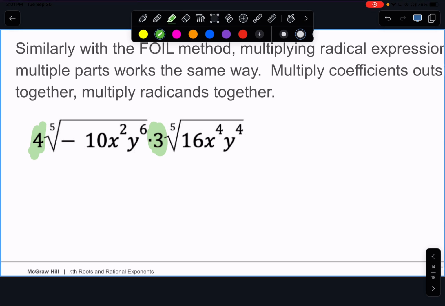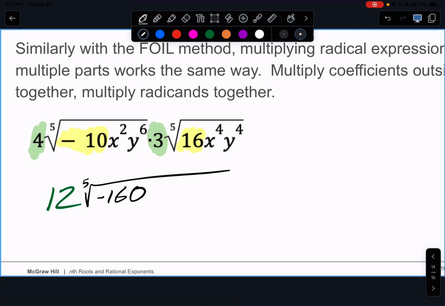What's 3 times 4? 12, right? Now we're going to multiply 10 times 16. 10 times 16 is 160. My radical is going to stay the same. So it's still the 5th root, but it's just negative 160.